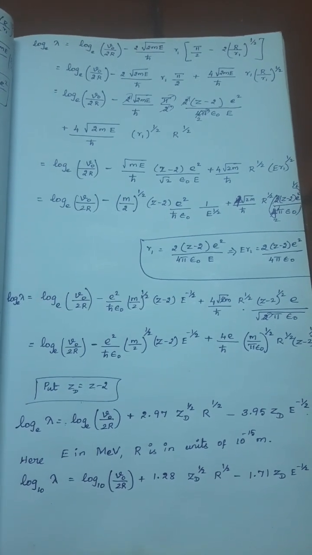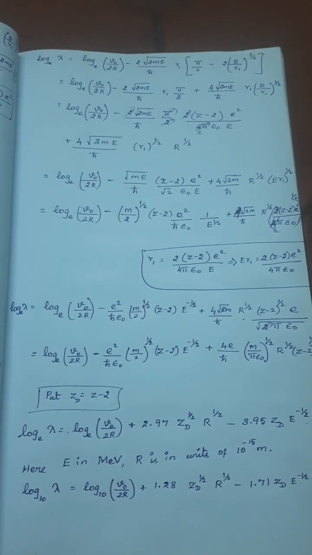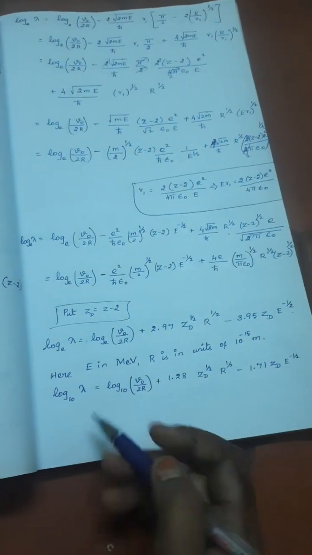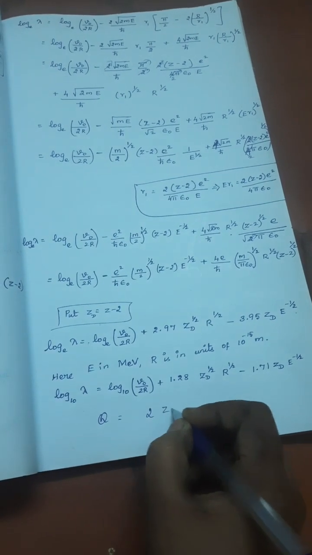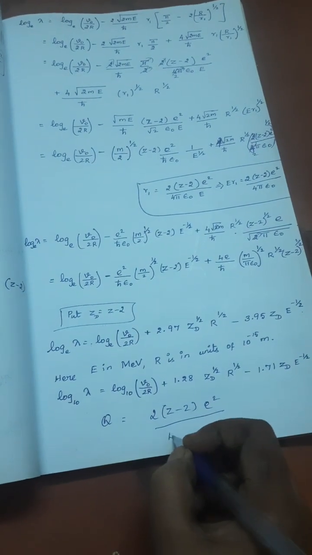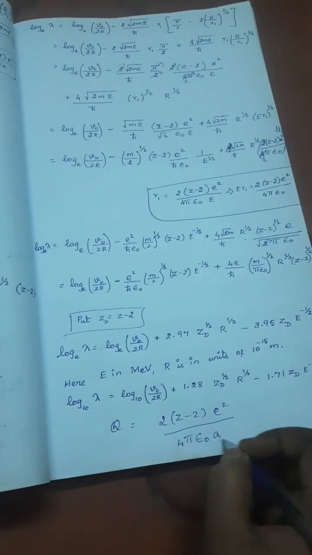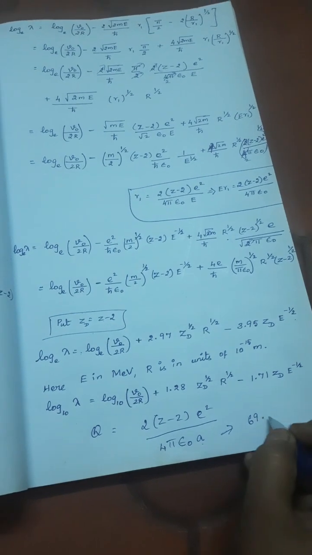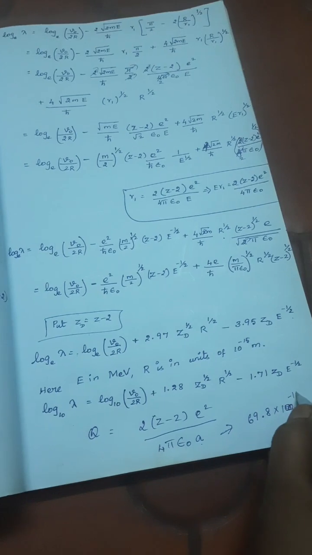So this is only applicable for the Q factor in heavy nuclei in the ground state. Okay. So our Q factor's value is simply, the numerator is the same, that is Z minus 2 into E square, divided by 4 pi epsilon naught, where R is replaced by A. The A is normally the radius of the nuclei, in the order of 10 to the power of minus 15 meter.